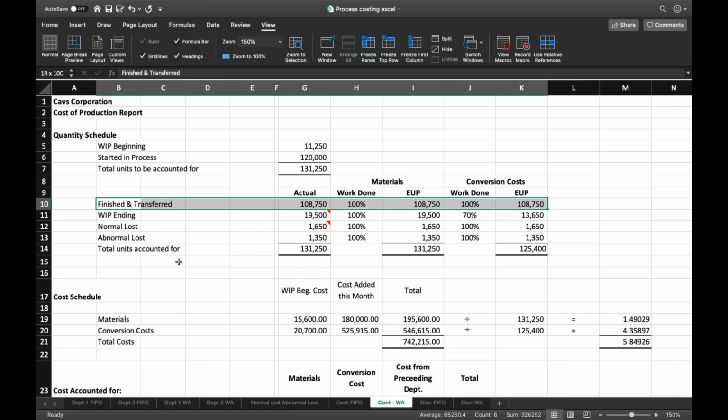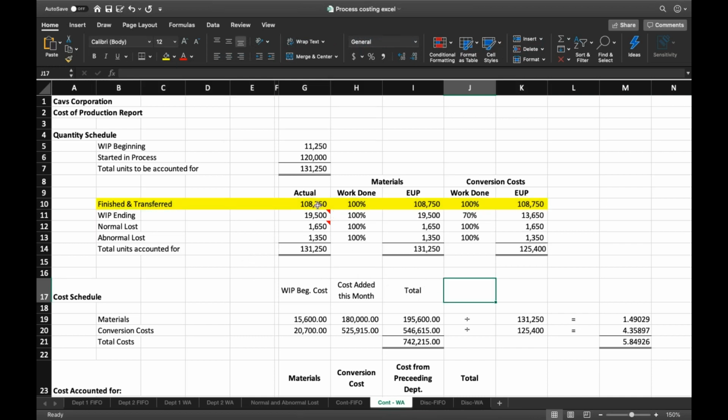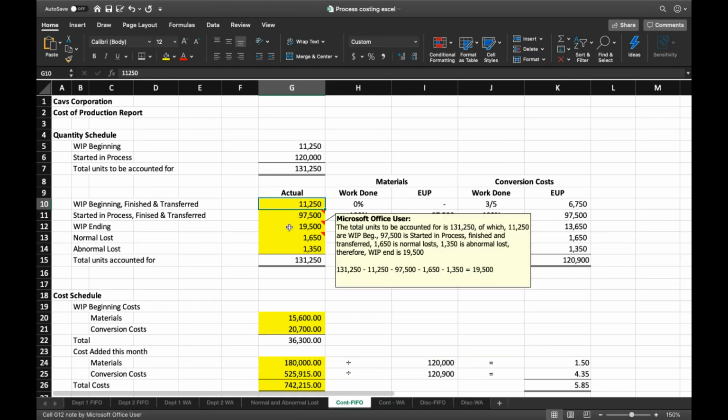Let me just highlight. Okay? Wala na siyang work in process beginning. So, yung 108,750 is actually the total of the work in process beginning and the started in process, finish and transfer. Let me go back to the previous tab.